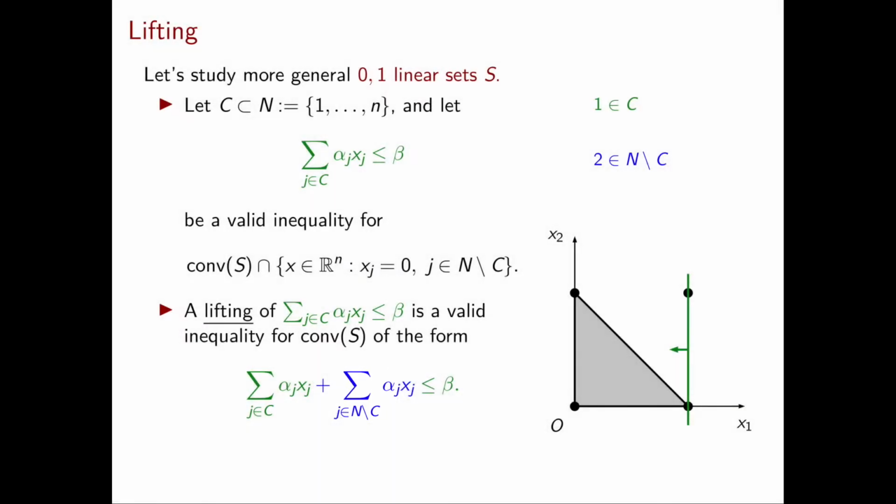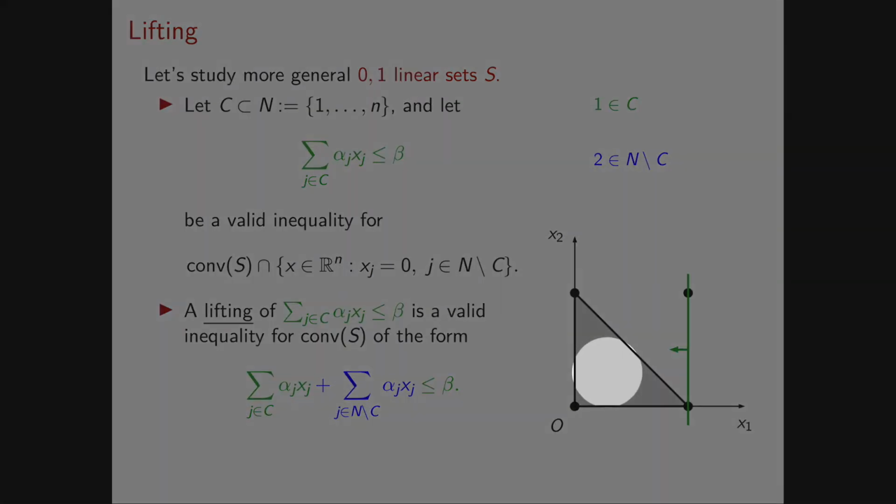So let's see a couple of pictures that hopefully will clarify this concept a little bit. Here we just have a two-dimensional example. This triangle is our set conv S, and in green we have our original inequality. Now the index 1 is in capital C. In fact, this inequality is x1 less than or equal to 1.